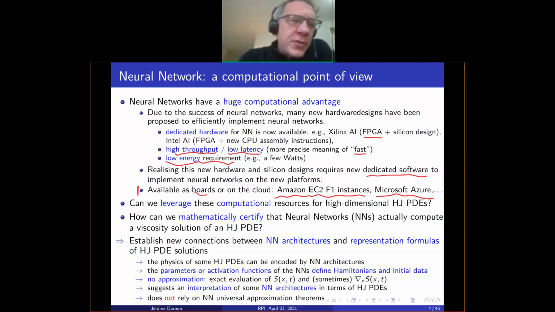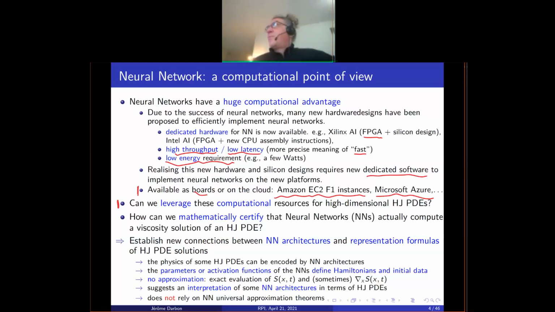So one of the main questions of this effort is how we can leverage these computational resources, dedicated hardware, for solving high-dimensional Hamilton-Jacobi PDEs. That question can be reformulated as finding mathematical conditions that certify that a class of neural networks actually computes a viscosity solution of a given Hamilton-Jacobi PDE.